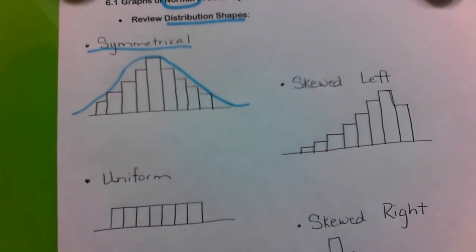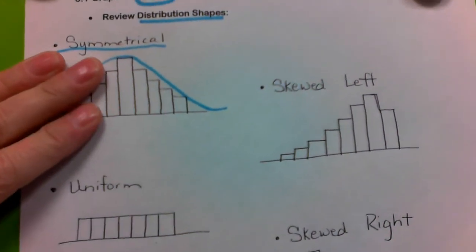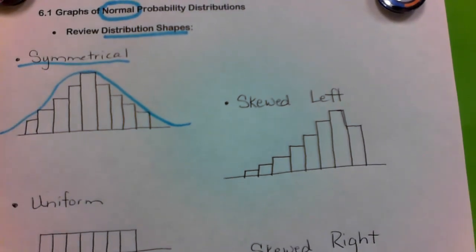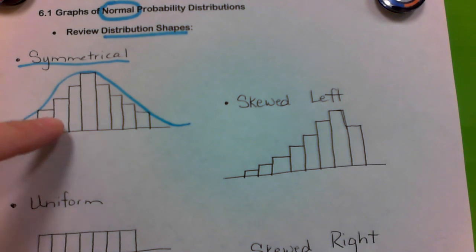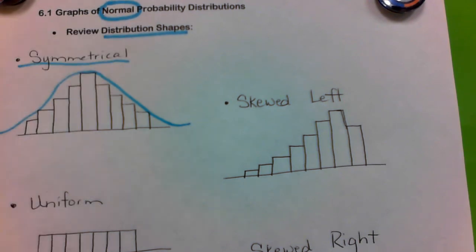Most of you have probably heard of a bell curve or bell shape. So in Chapter 6, we will only be using our discussion for normal distribution, which means it comes from a symmetrical bar graph.